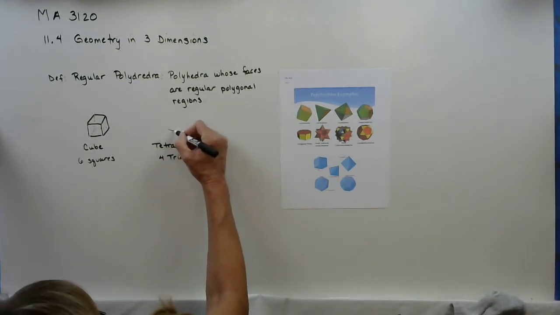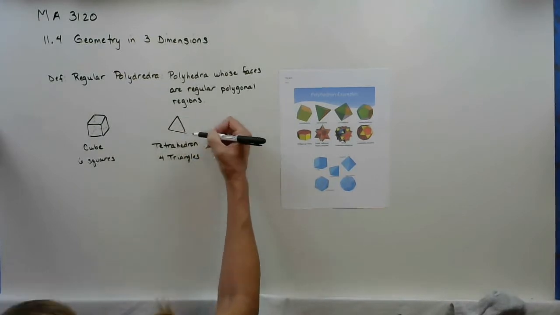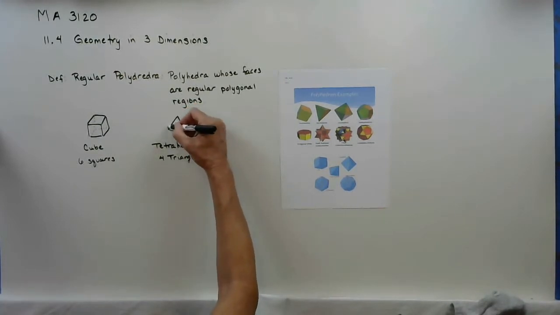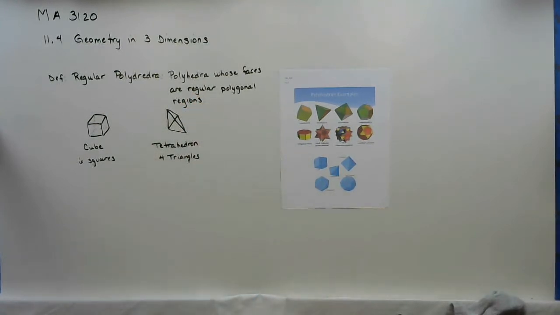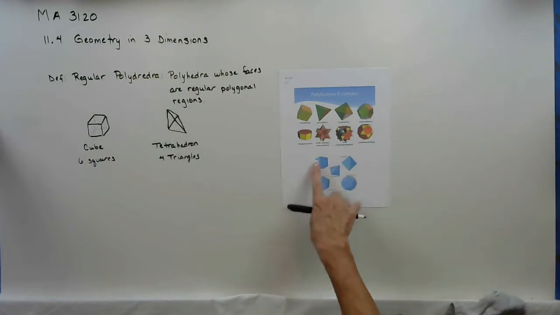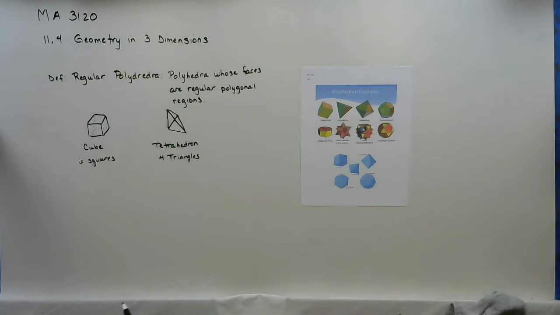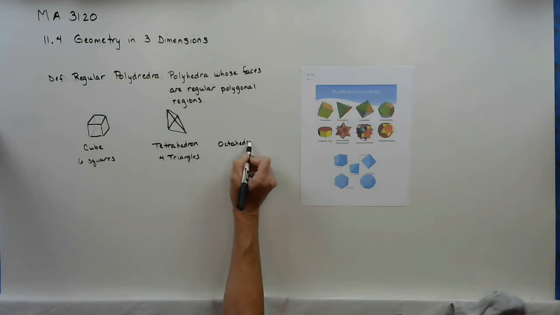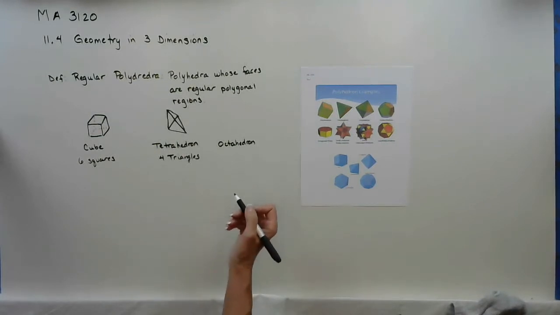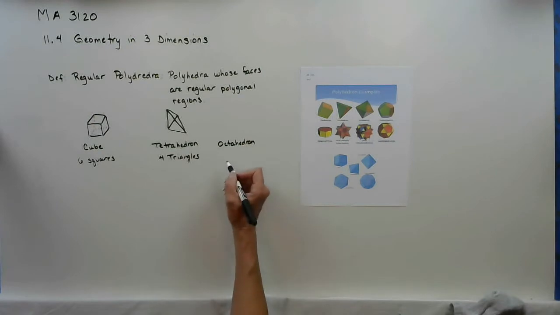If I have a base that's a triangle, and each one of these faces is also a triangle, it's got 4 triangles. I'm not going to try to draw the other ones. I'll just tell you what they are, and I have included them in our handout that's in the module. We have an octahedron, which has 8 sides, and they're all triangles.